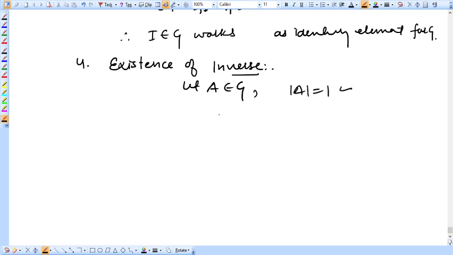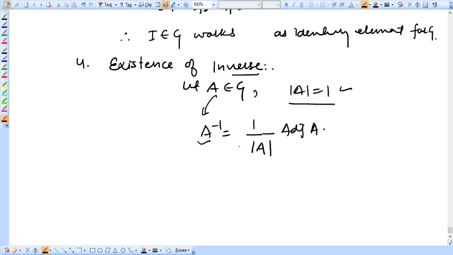We know A inverse is equal to 1 over the determinant of A into the adjoint of A, because the determinant is not equal to 0, so this matrix is invertible. Since the determinant is 1, the inverse is equal to the adjoint of A. So the inverse exists in this case.